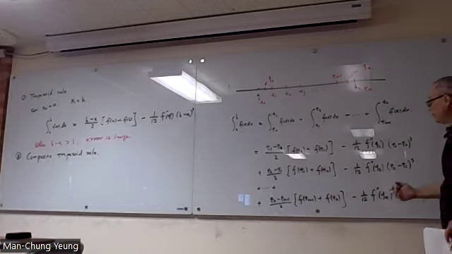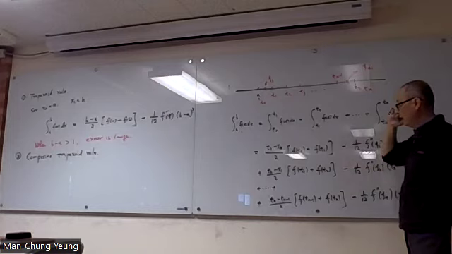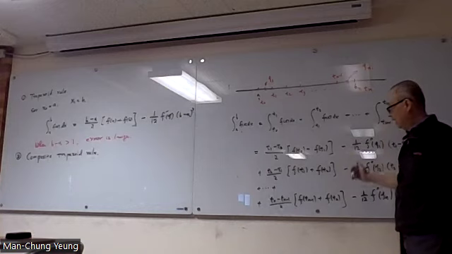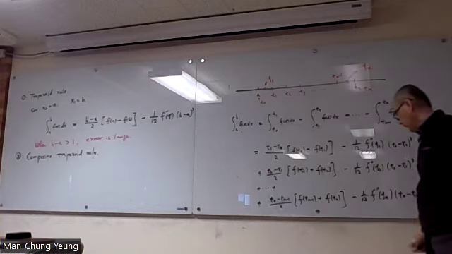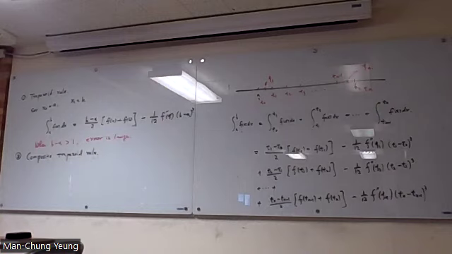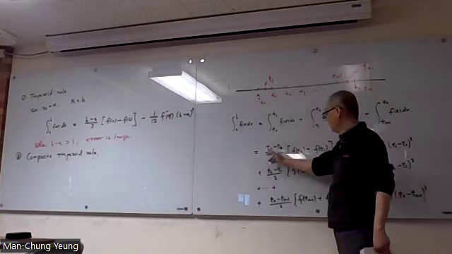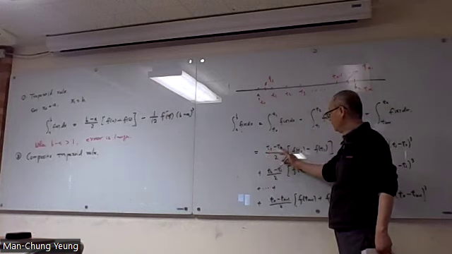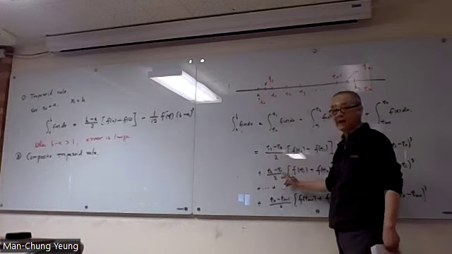Now simplify. I cannot simplify because T1 minus T0 may not be equal to T2 minus T1.